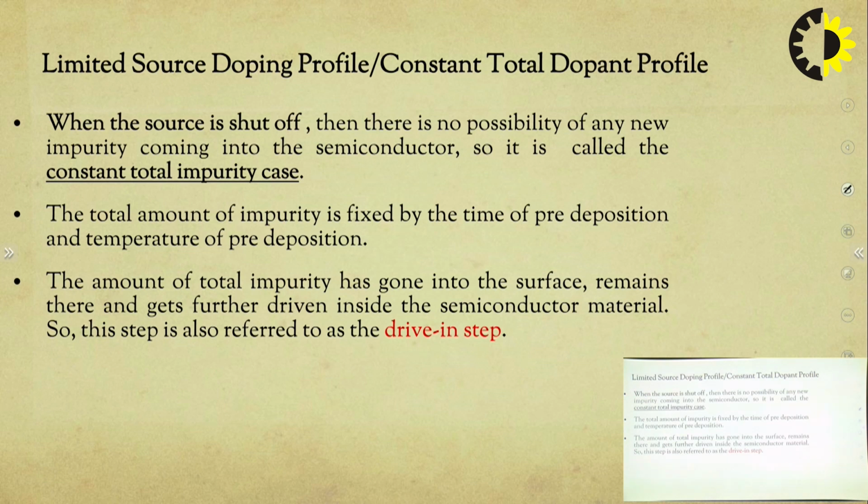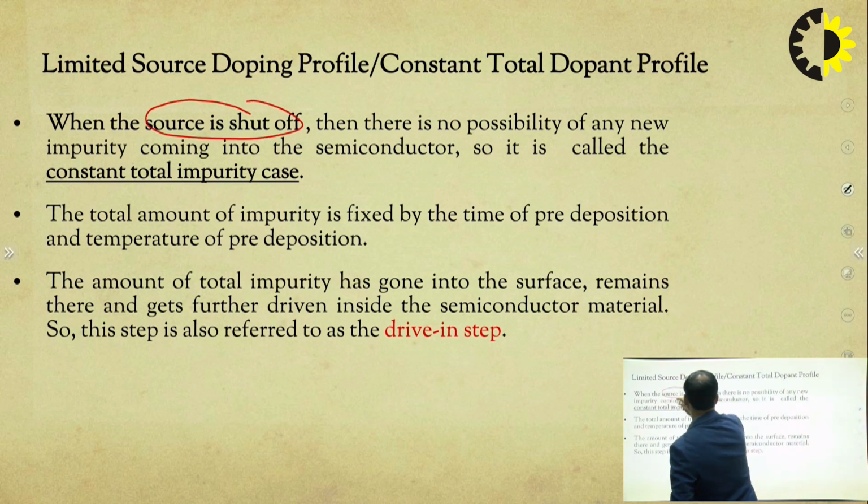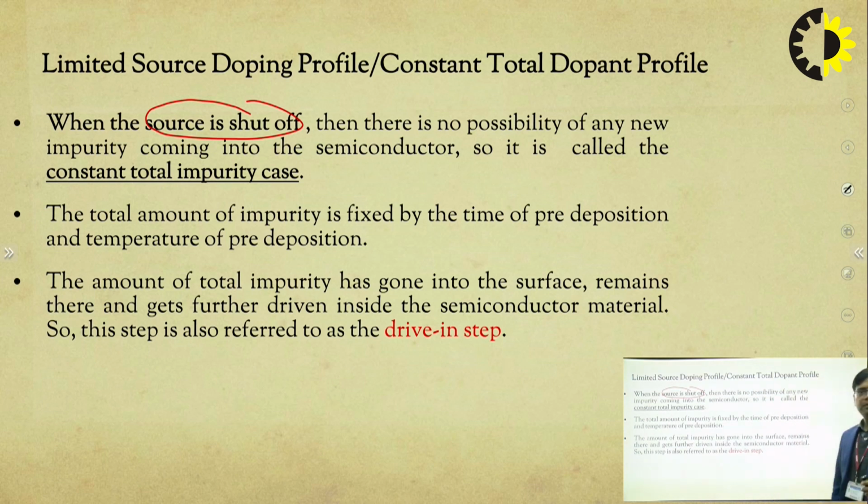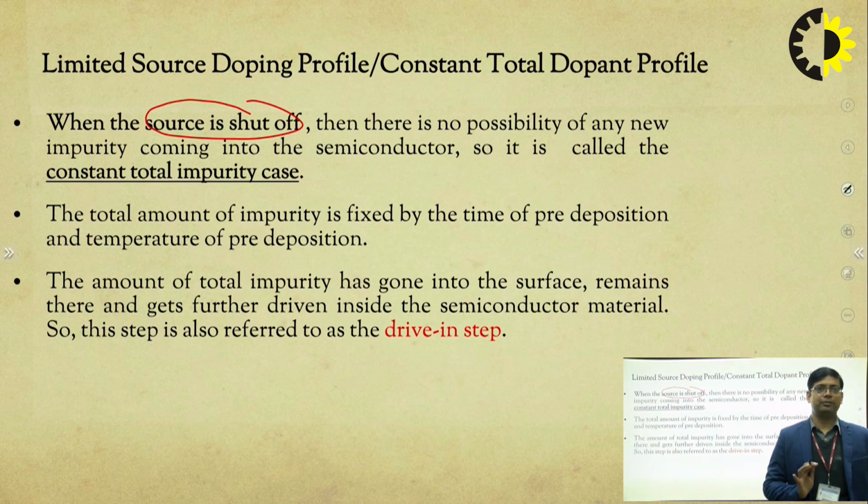Okay, the second case is limited source doping profile. As the name suggests, in case of limited source doping profile, the source is shut off. That is, initially we have provided a concentration of dopant at the surface, and when the diffusion starts, the source of the dopant concentration is shut off.